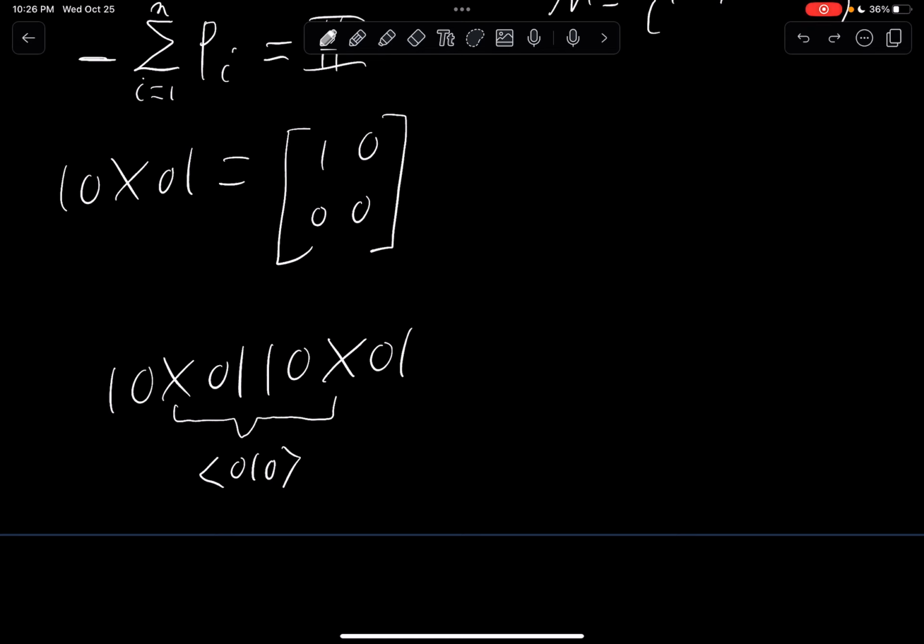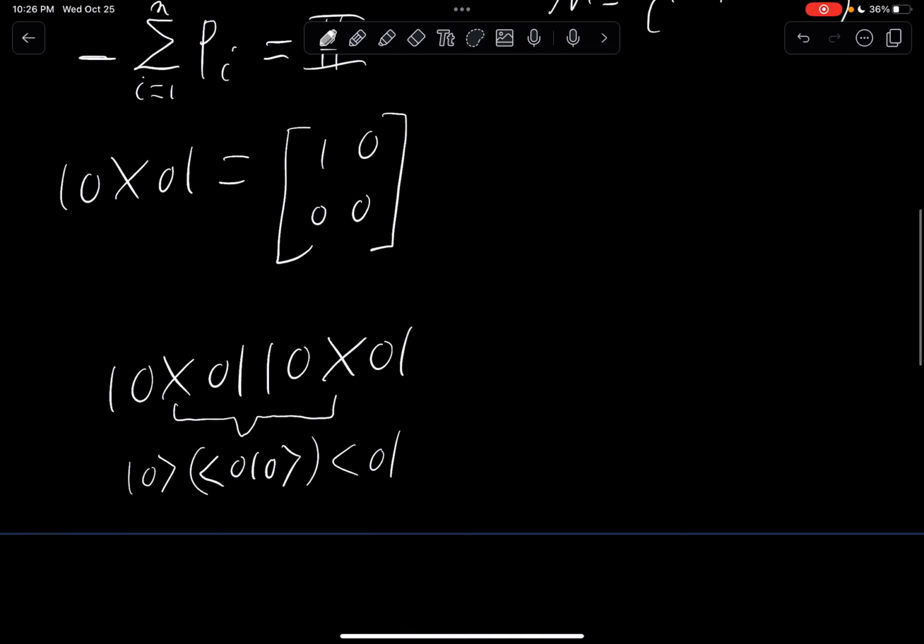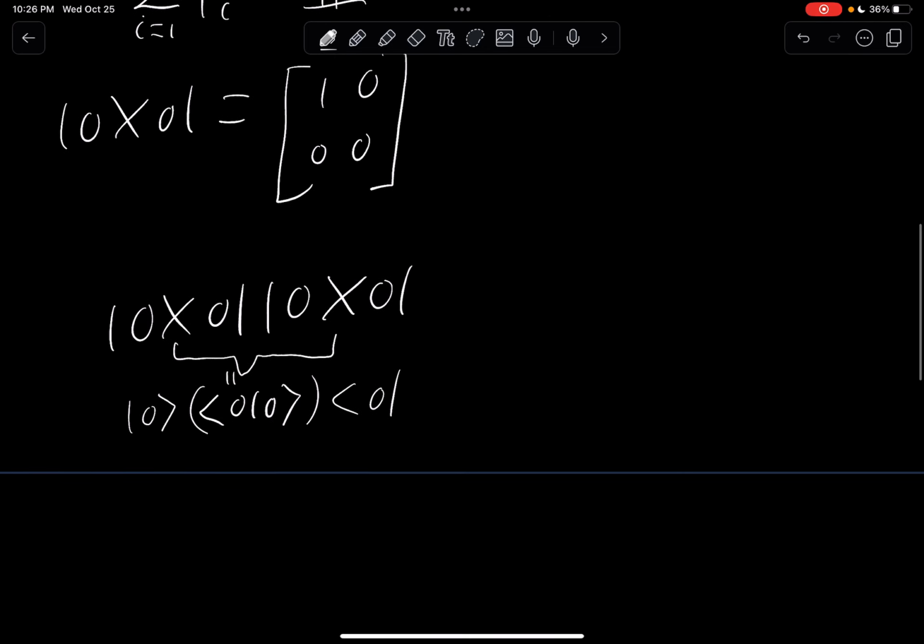But we know that this is equal to 1. So this is equal to this. And since we know that the term in between brackets is equal to 1, we get this. But this is, of course, just what we started off with.